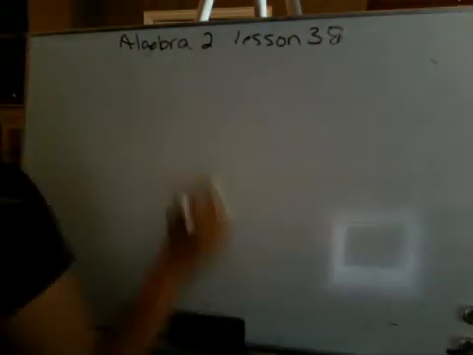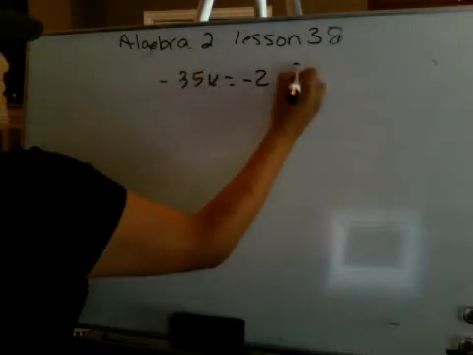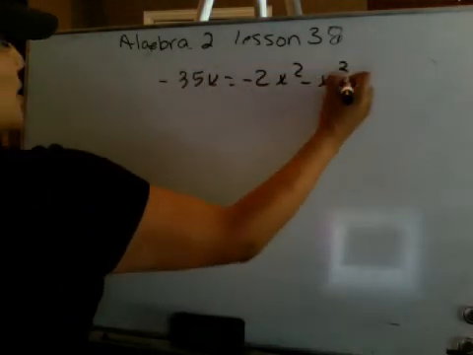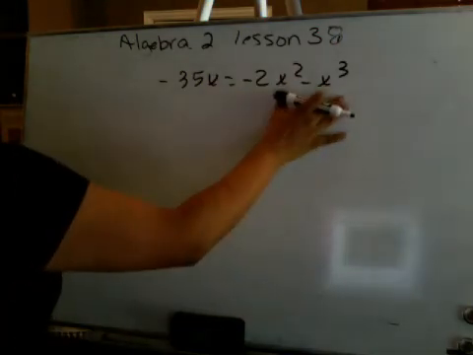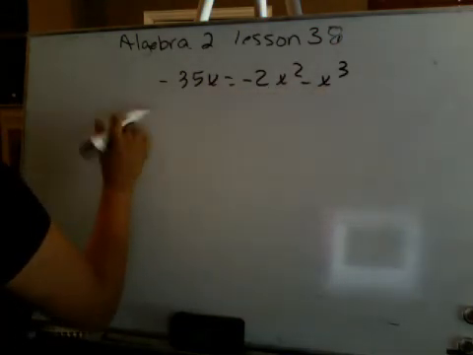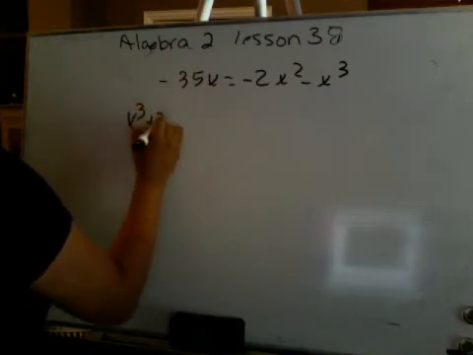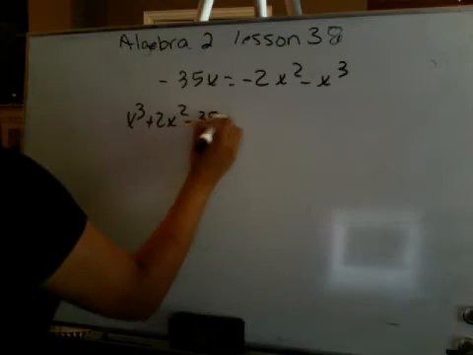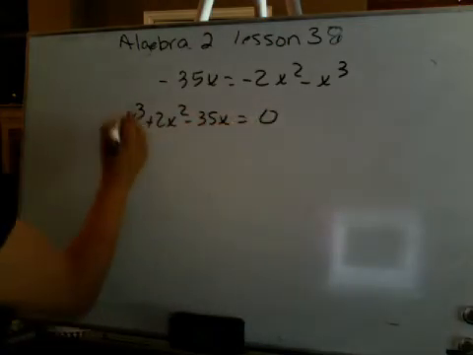Let's look at the example negative 35x equals negative 2x squared minus x cubed. So I want to get everything to one side. So I'm going to move this to that side. So I get x cubed plus 2x squared minus 35x equals 0. So I'm going to factor out an x.